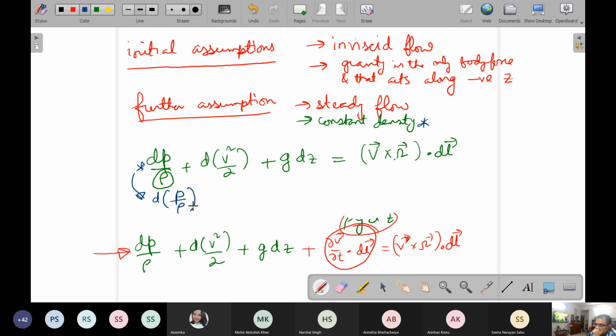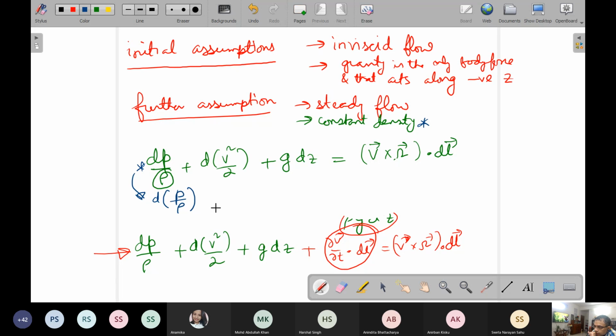But I'm giving you a homework which is a bit more non-intuitive than this. Can you write dp by rho as d of p by rho, even if rho is a variable?